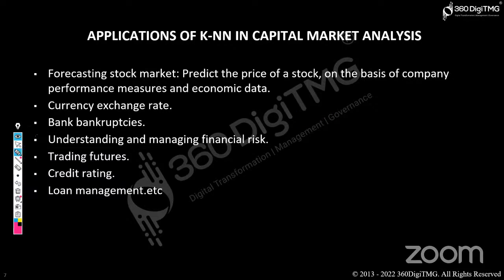KNN's main disadvantage, guys, as I told you, is that it is a lazy learner. So KNN's main disadvantage of becoming significantly slower as the volume of the data increases makes it a very impractical choice in environments where predictions need to be made rapidly.